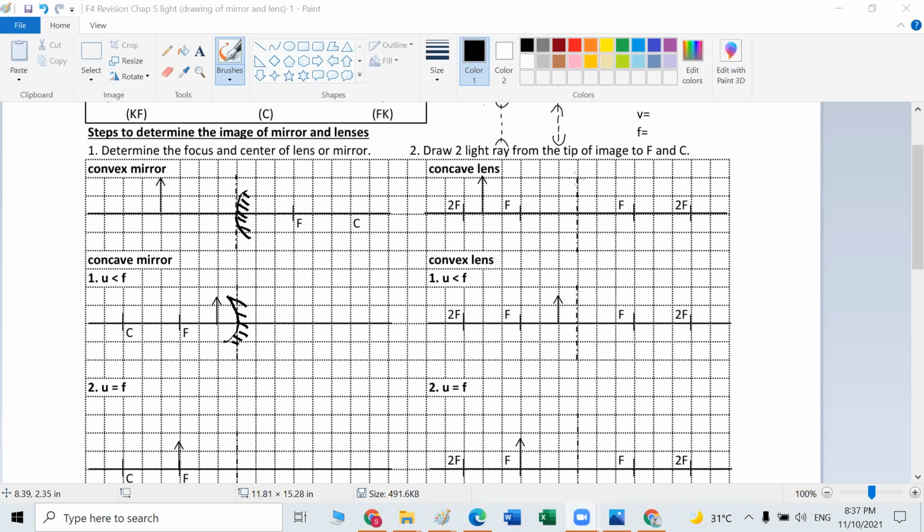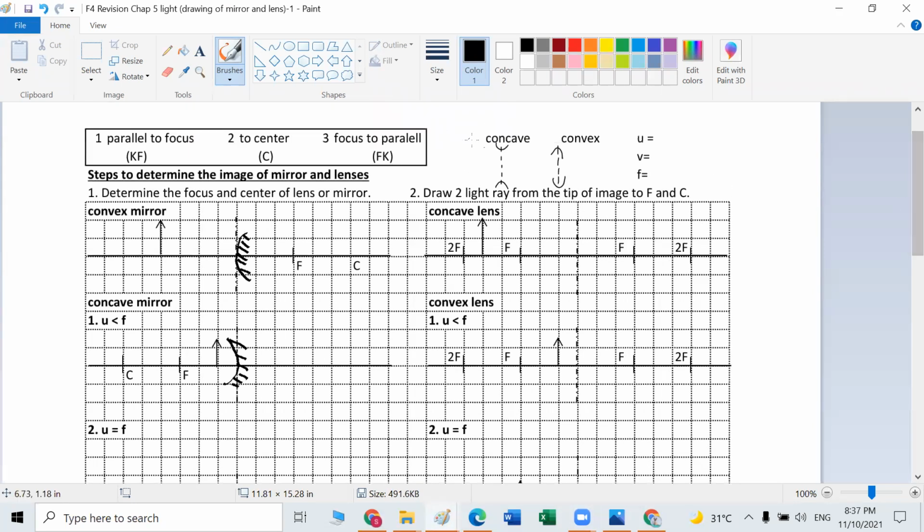But for lens, this is a concave lens. Concave lens is like this. But if we don't draw this also can, we just draw like open bracket, the ballet bracket. So it represents the concave.